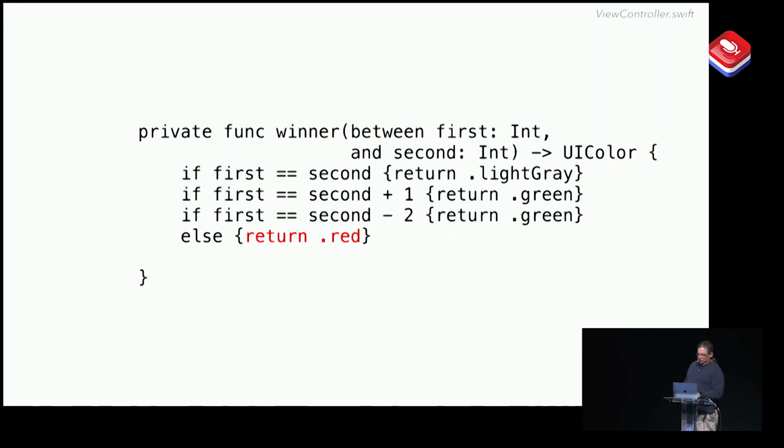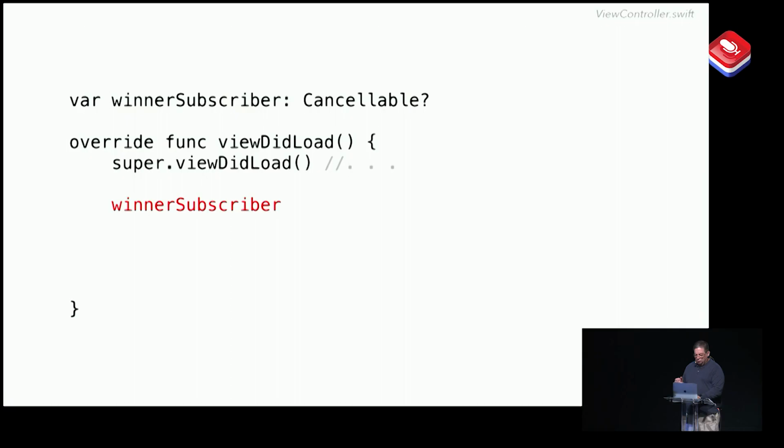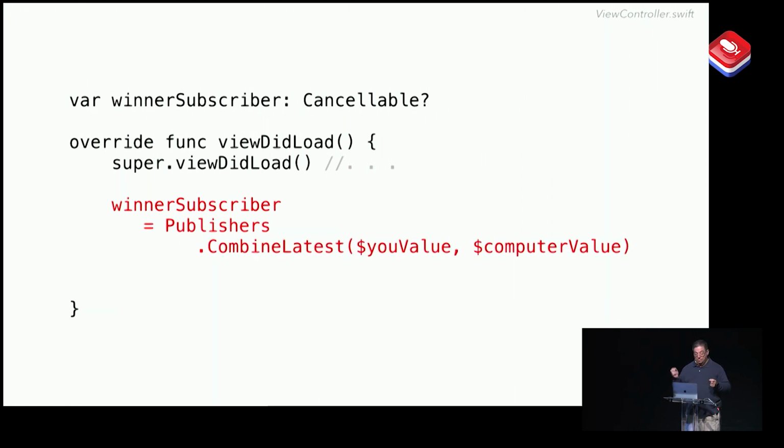So I have this winner subscriber, and I've got to wire these things up. So we wired up the things that displayed inside the two fields. How do we wire up this thing that combines them? I have these publishers, both of them, and I'm going to combine the latest value from the U value and the computer value.